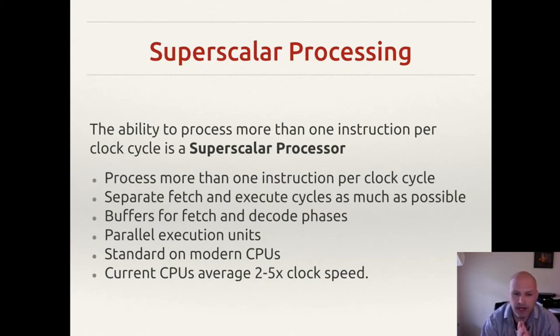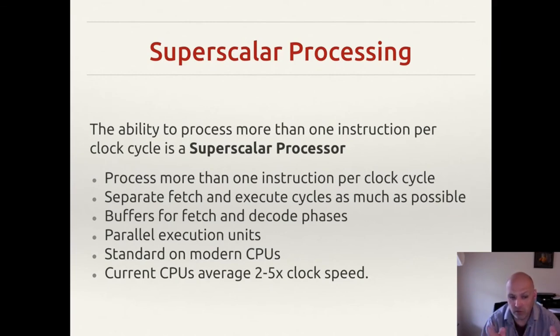And we're going to have parallel execution units. This means that we might have multiple ALUs. We might have ALUs that specialize in things like integer math, and other ones that specialize in floating point math. There's going to be lots of specialized hardware that will be better at doing specific instructions, but not others. And we need smart decode that knows to pass those particular instructions to those specialized execution units.